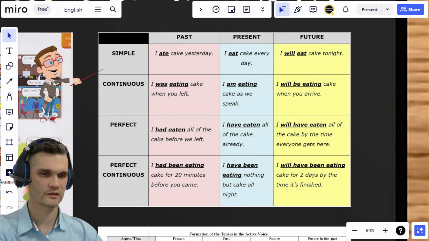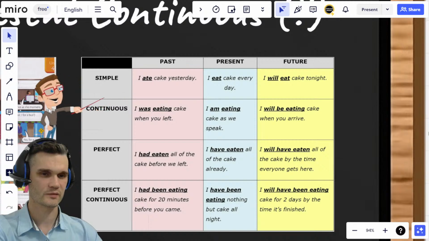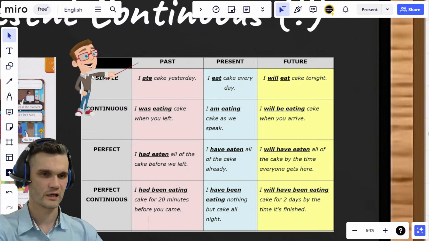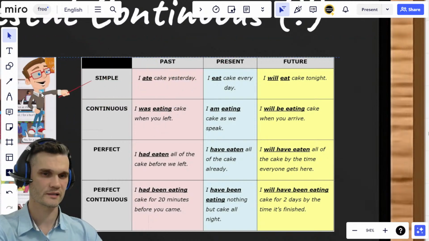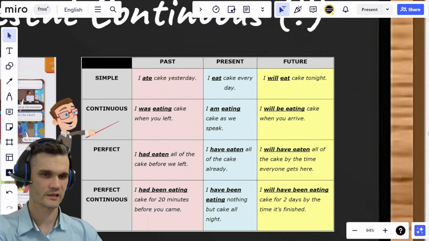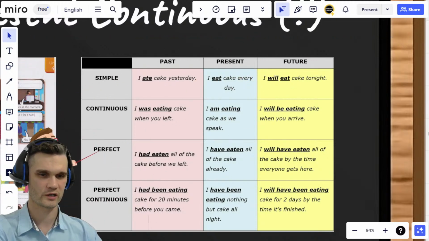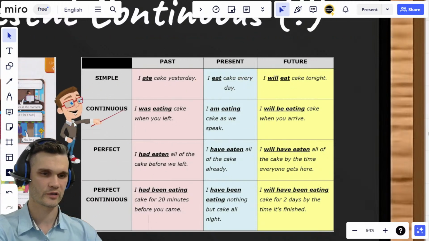So you can make tenses by combining those tenses and aspects, like present simple, present continuous, present perfect continuous, past simple, past continuous, past perfect continuous, and future simple, future continuous, future perfect continuous.